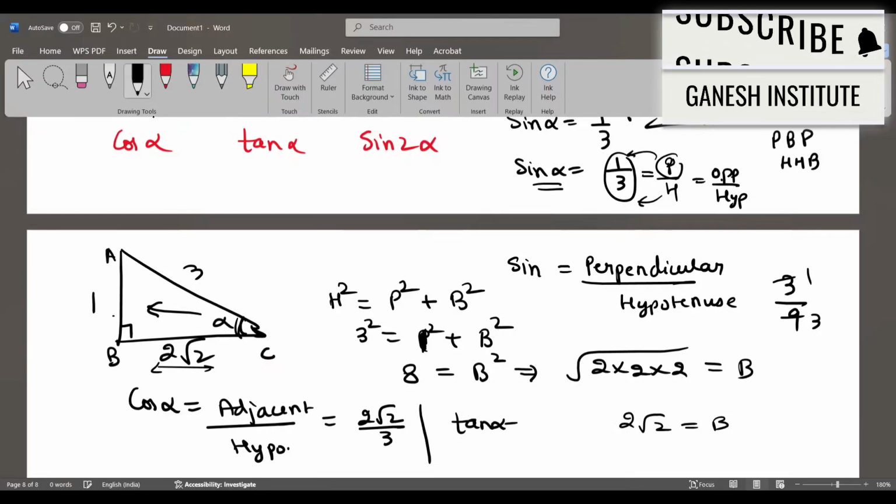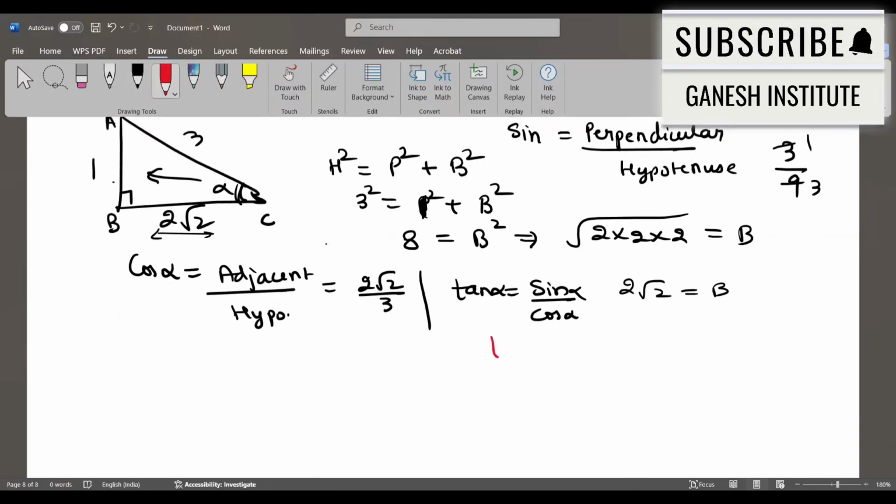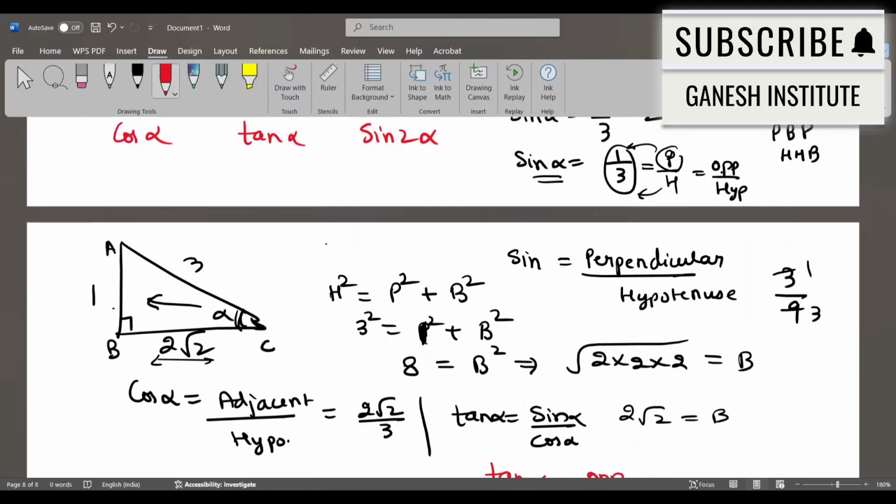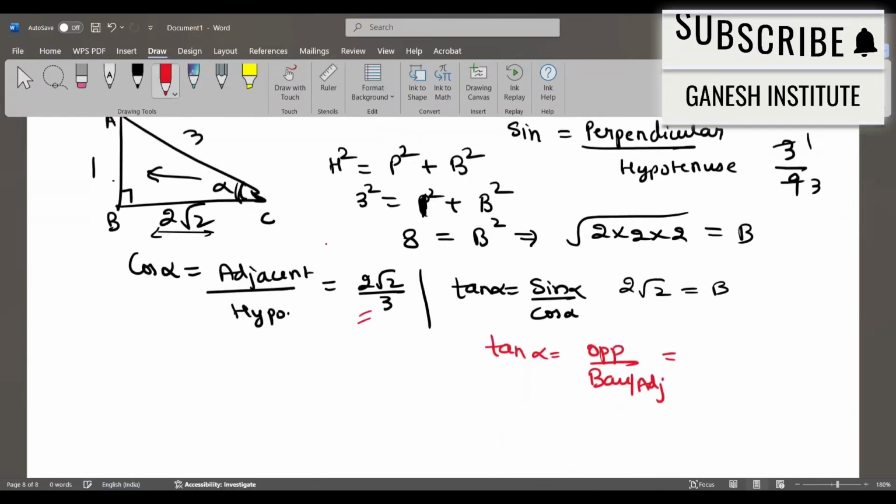And then tan alpha, I know the formula for tan, sine upon cos, right? Yeah. Or you can do opposite upon base, like adjacent. Which way do you want to do? Sine alpha is given, 1 by 3. And cos is 2 root 2 by 3. 3 is cancelled.